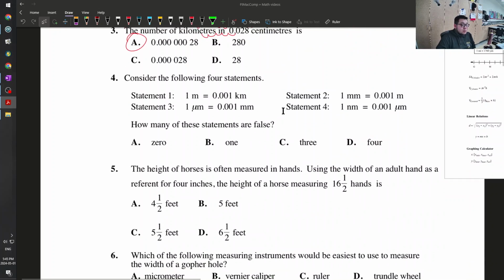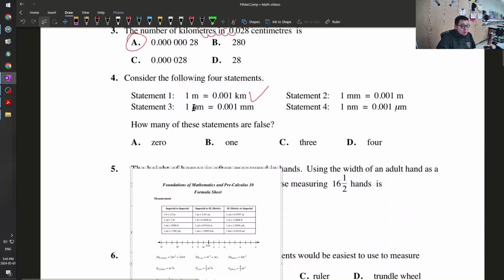Consider the following statements. 1 meter is equal to 0.001 kilometers. This is correct. 1 micrometer is equal to 0.001 centimeter. Yep, this is correct. 1 millimeter is equal to 0.001 meters.